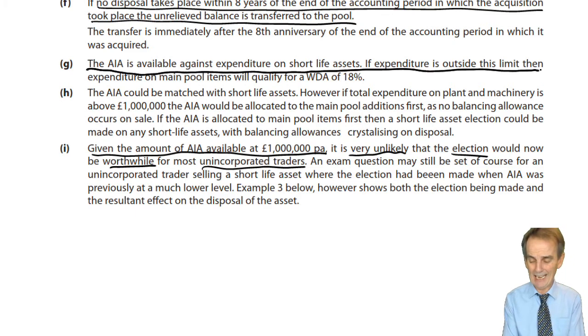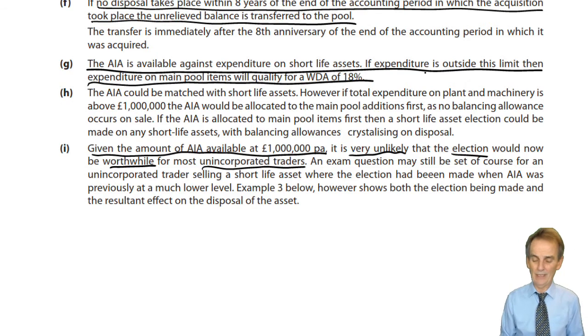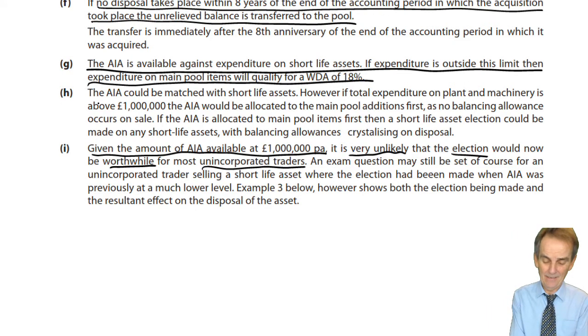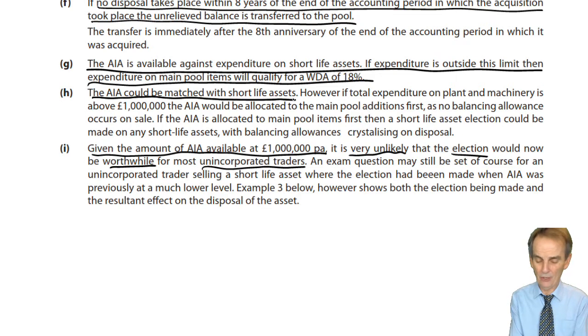We know, as we said, that it's main pool expenditure and upon which AIA would be available. If expenditure is outside this limit, then the expenditure on the main pool items will qualify for a writing down allowance of 18%. The AIA could be matched with short life assets.